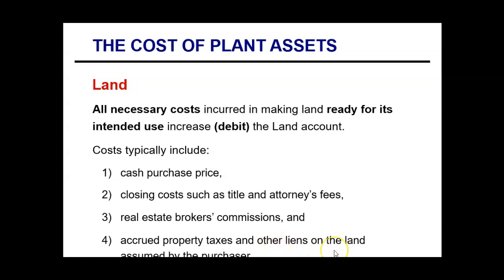Any liens on the land, meaning that if the previous landowner owed any debts tied to the land, such as to the sewer district or the water company, those liens have to be paid in order to acquire the land.